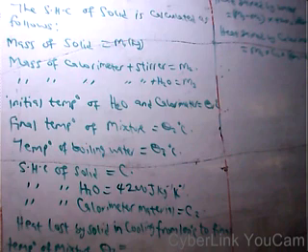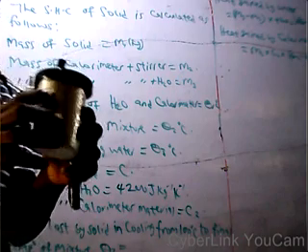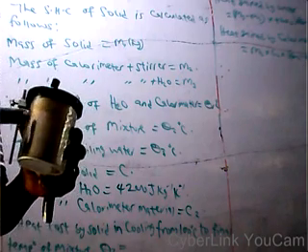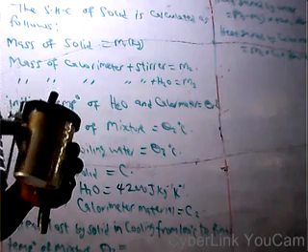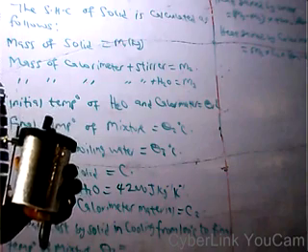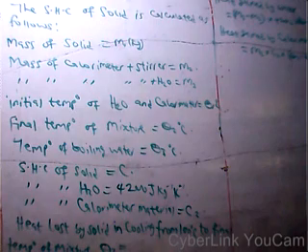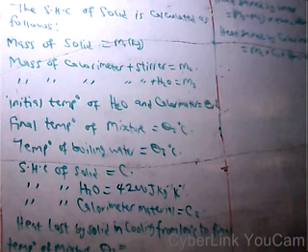If the calorimeter we are using is copper, then the specific heat capacity of this calorimeter will be that of copper, which is 390 joule per kg per Kelvin. If the calorimeter is aluminium, then we use the specific heat capacity of aluminium for that calorimeter.